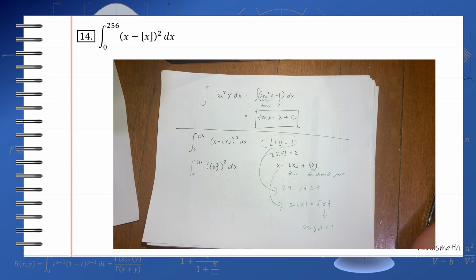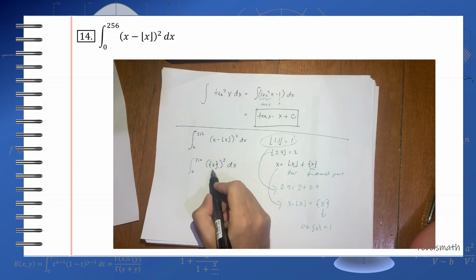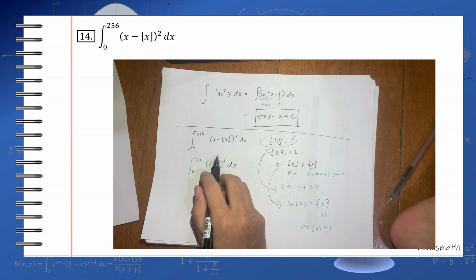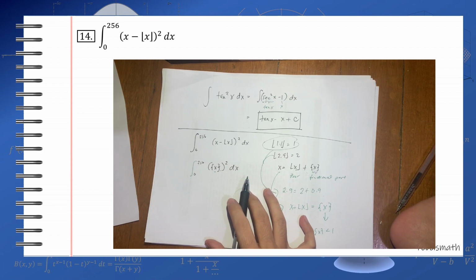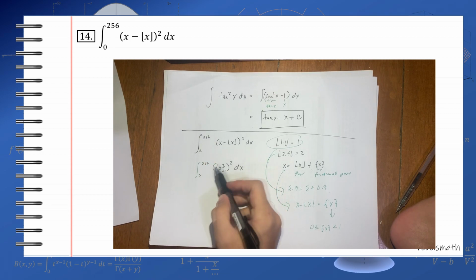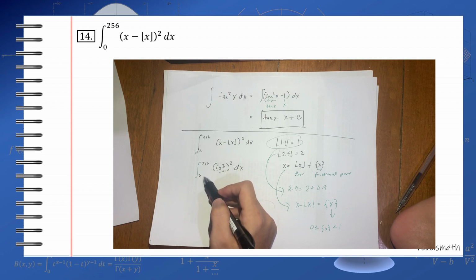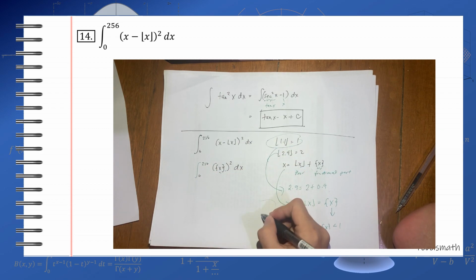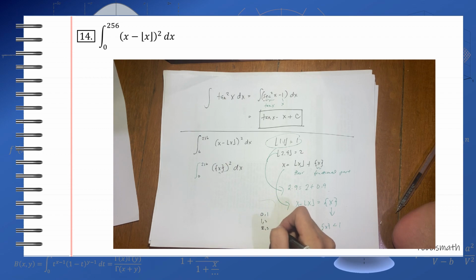Now note that the fractional part is always between 0 and 1 regardless of what value of x is. If x is between 0 and 1, 1 and 2, 2 and 3, and so on, it's always 0 to 1.